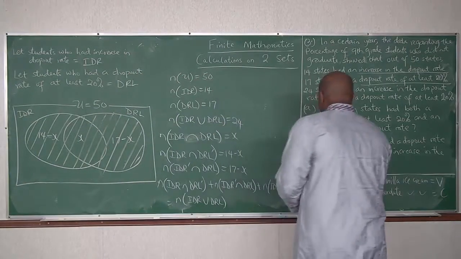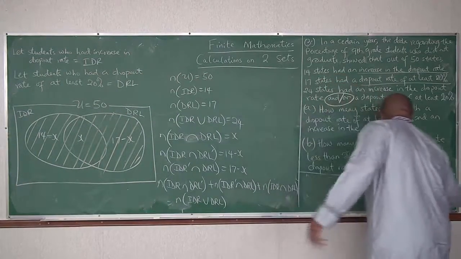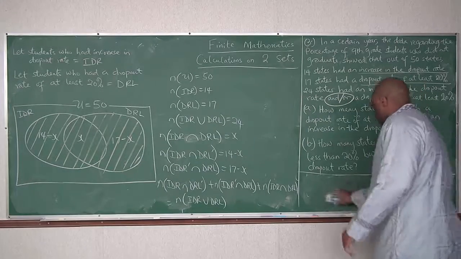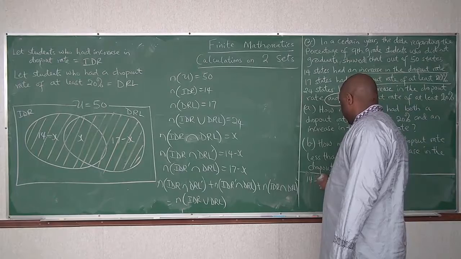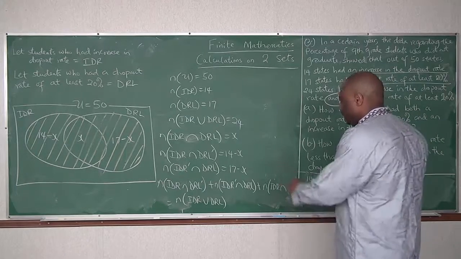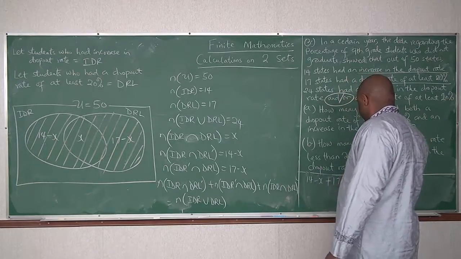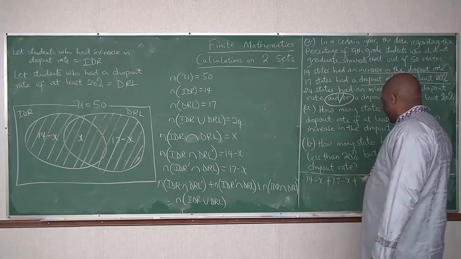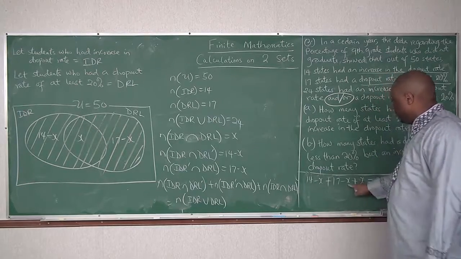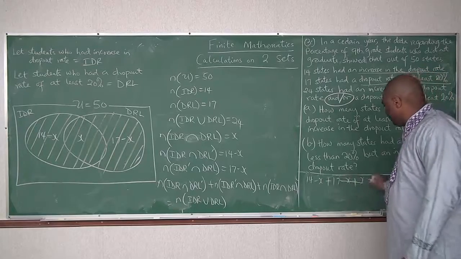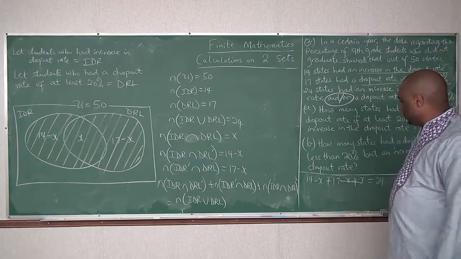So once we do this, what do we have, folks? We now have that 14 minus x plus 17 minus x plus x will give us 24. So minus x plus x, bam, is gone.